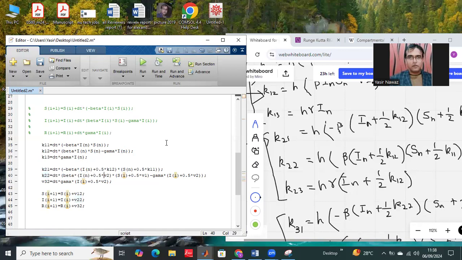The previous component of infected is K12, the previous component of S is K11, and here is n. Then the gamma and then K1.